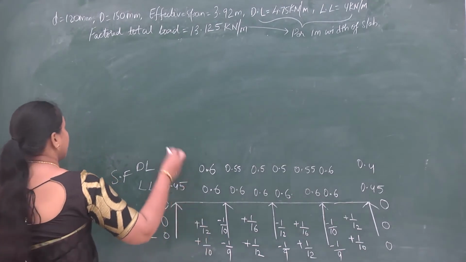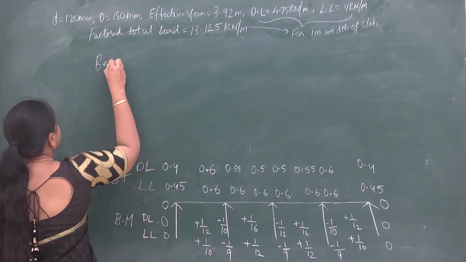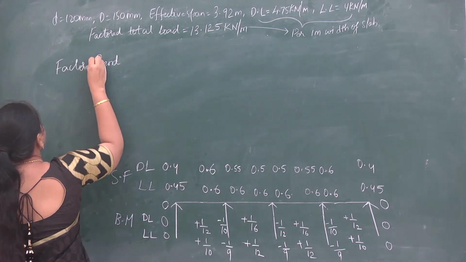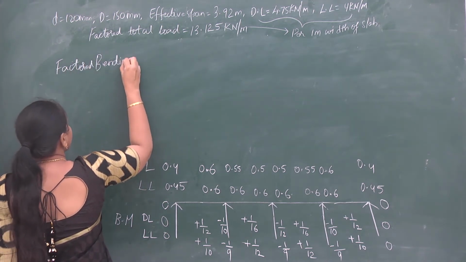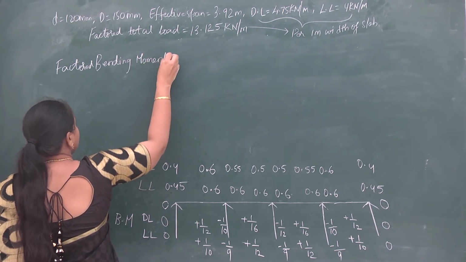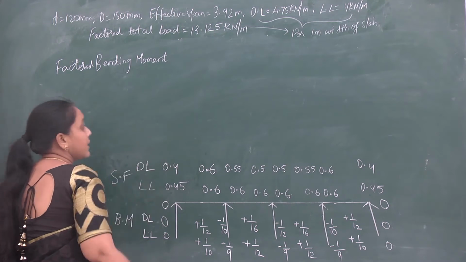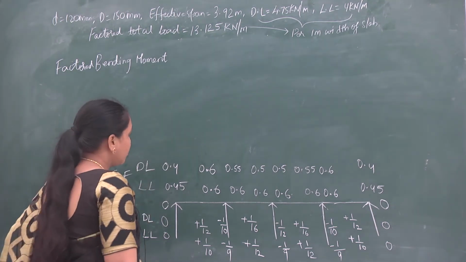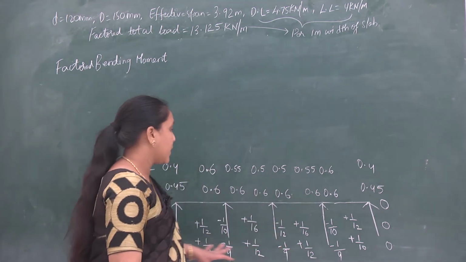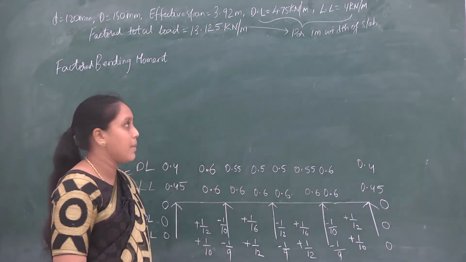Now we have to calculate the factored bending moment and the factored shear forces at each span for this particular continuous slab.